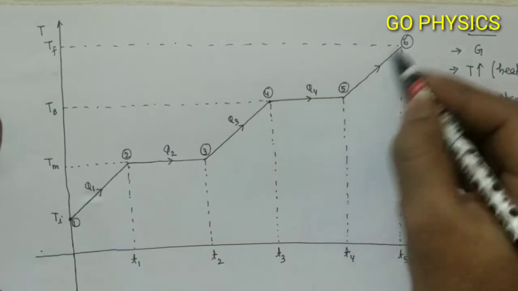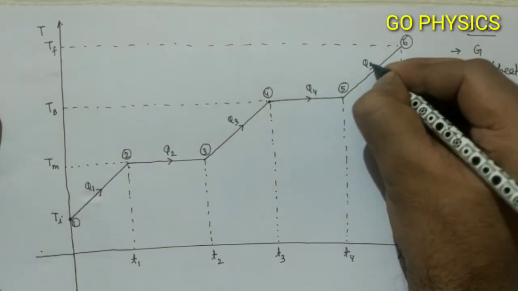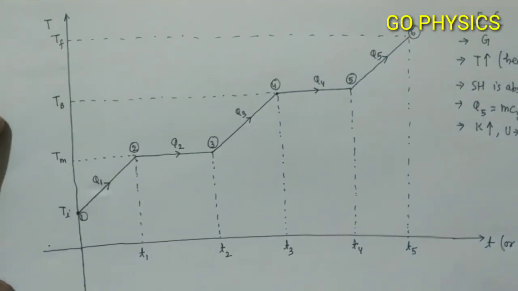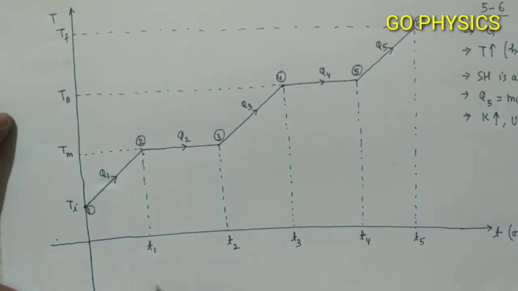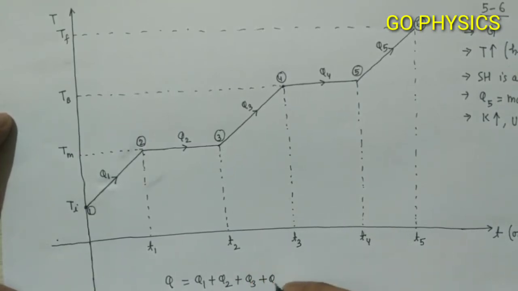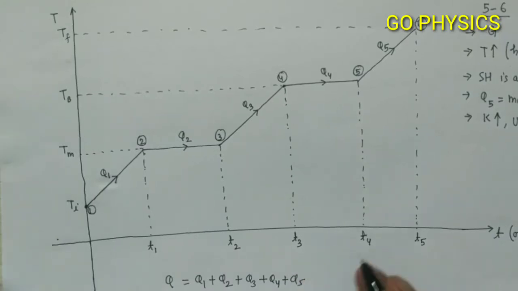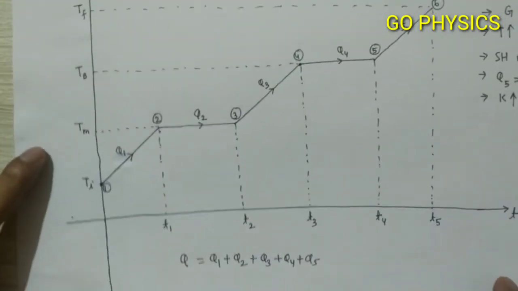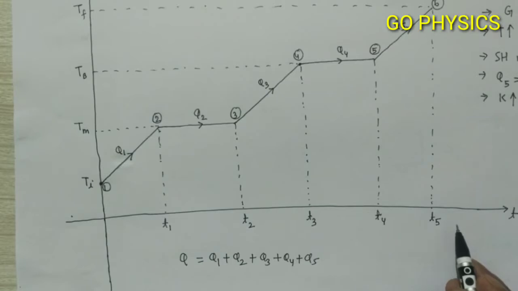And during the process 5 to 6, Q5 amount of heat is absorbed by the system. Now if we talk about the total heat given to the system, then it will be equal to the sum of all the heats, Q1 plus Q2 plus Q3 plus Q4 plus Q5, and the total time taken is T5.